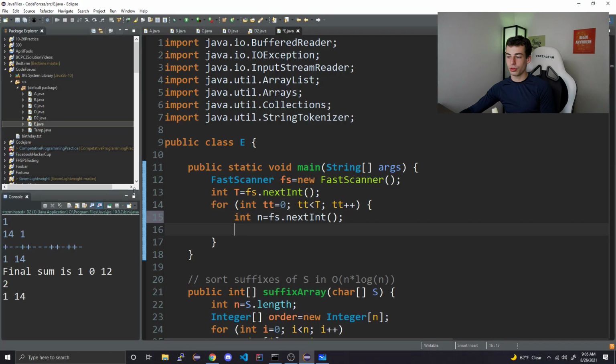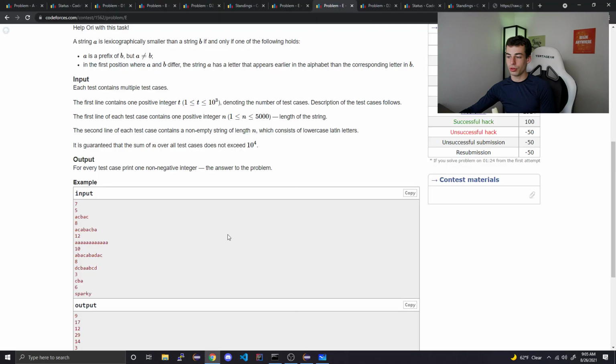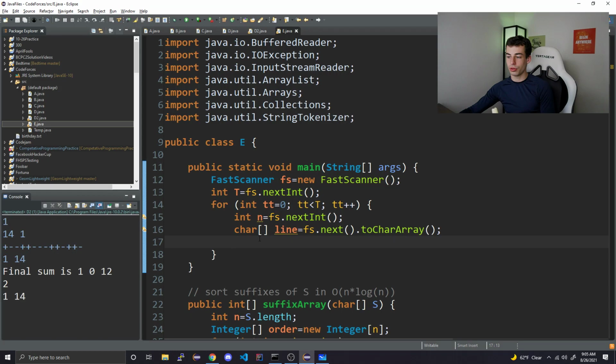Int equals this. Char array line equals this. Int array index of substring equals new int array n by n.